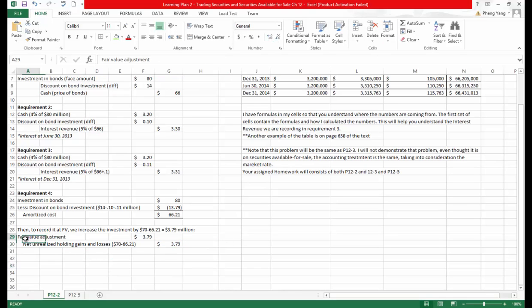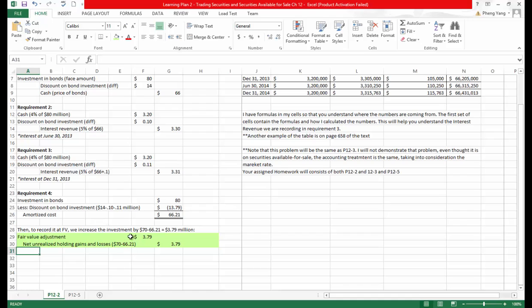So that is our entry for this particular requirement. This is the amount that Fuzzy Monkey will report in the investments at December 31st, 2013. And that is our journal entry. Once again, because these are trading securities, the unrealized holding gain of the 3.79 would be recognized in Fuzzy Monkey's 2013 income statement.